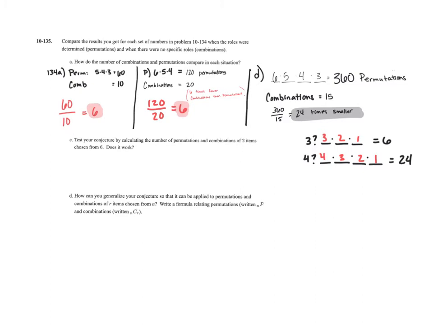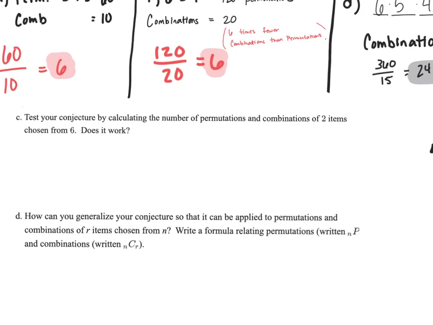Similarly, if I'm choosing 4 people and the order does not matter, my combination is going to be smaller than my permutations by a factor of however many ways I can arrange those 4 people, which in this case is 4 factorial or 24.